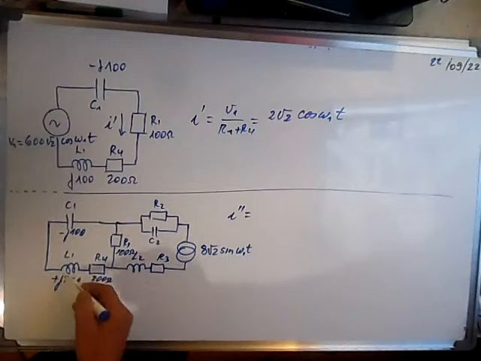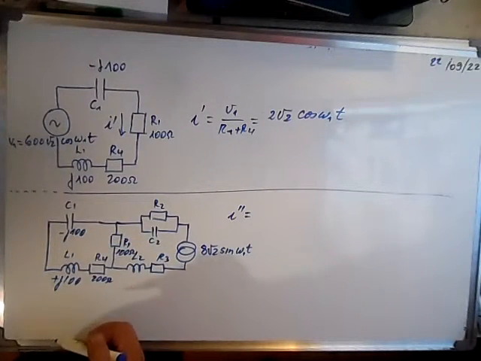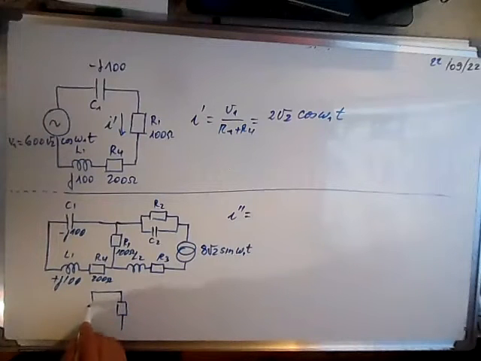Here XC1 and XL1 are equal, so this circuit is reduced to a resistive circuit.